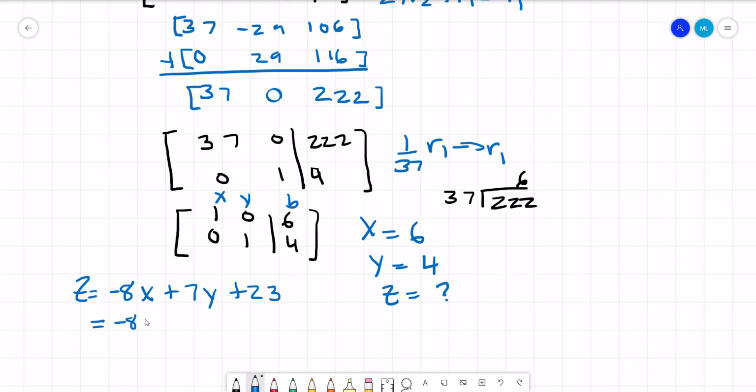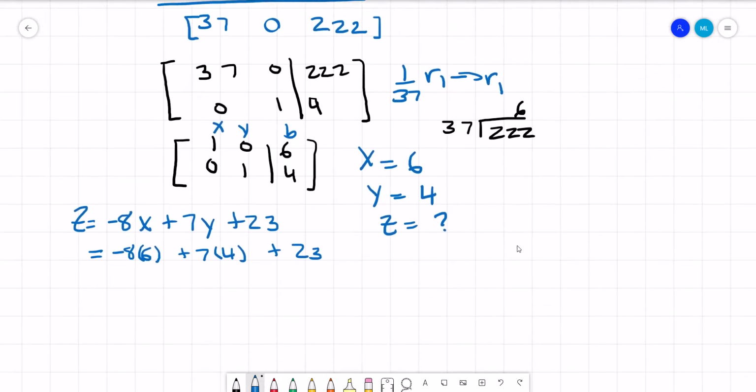So we have negative 8 times 6 plus 7 times 4 plus 23. Now, in any case, this is going to be negative 48 plus 28.